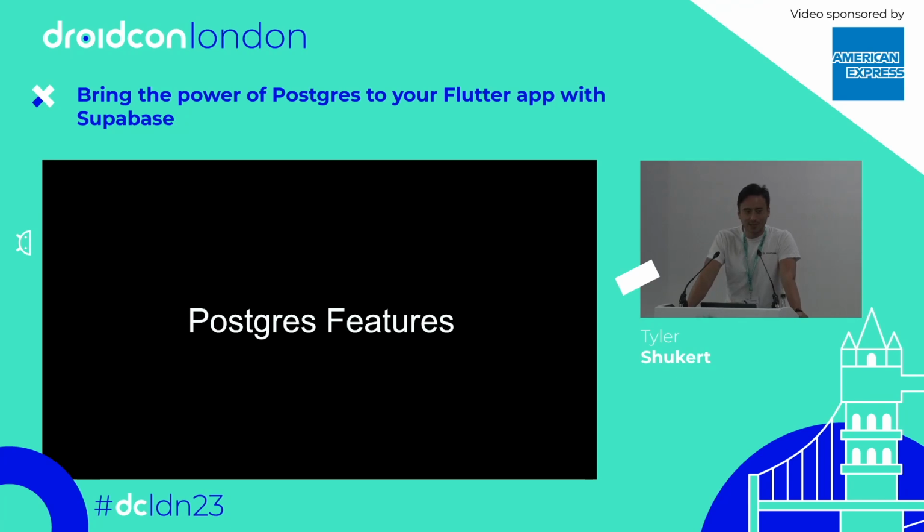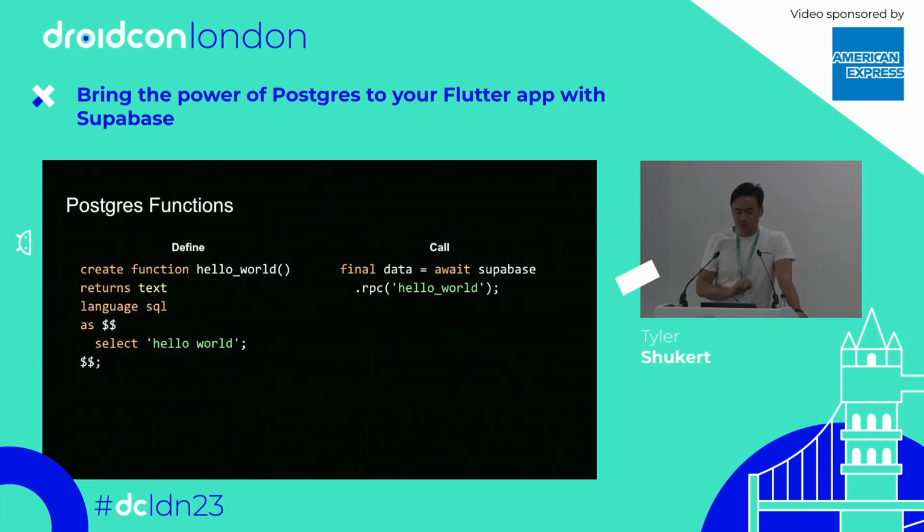Now I'd like to go into slightly more advanced Postgres features. Postgres functions is a powerful feature that allows you to set some abstraction on top of complex Postgres logic. So in this example, I'm creating a hello world function. It's a simple function that returns a hello world text upon calling.